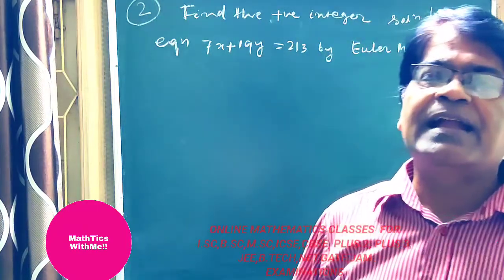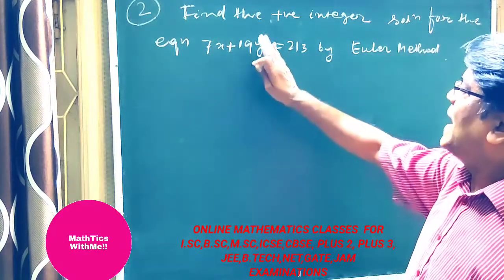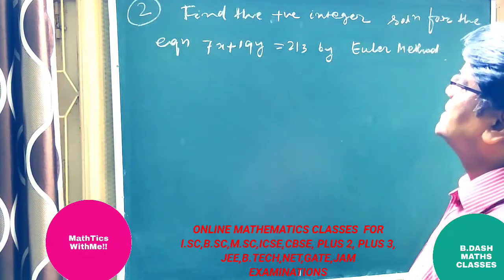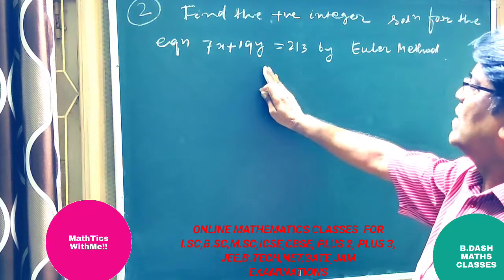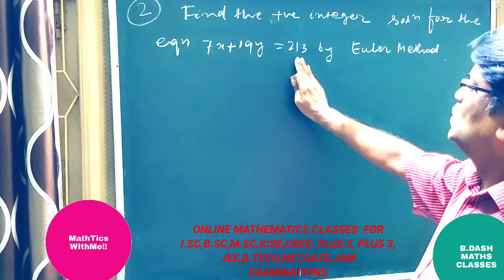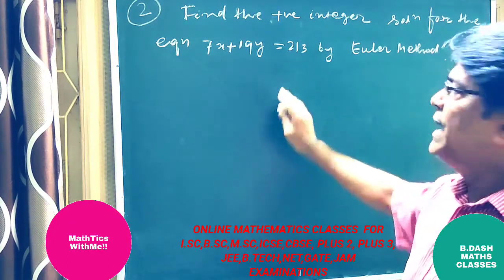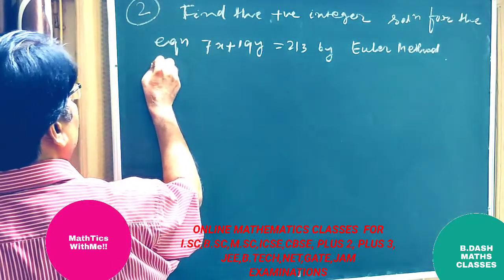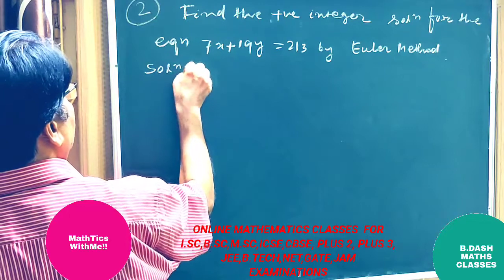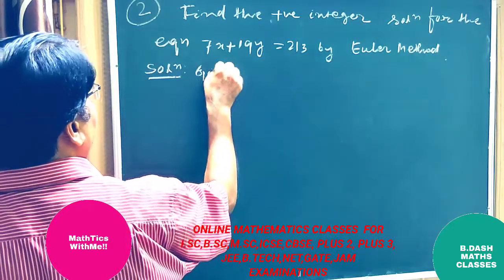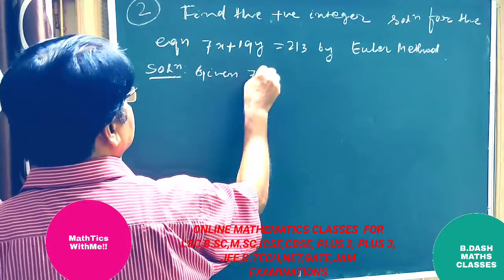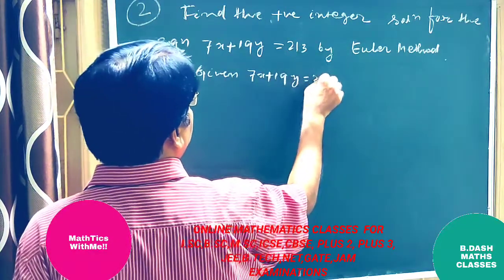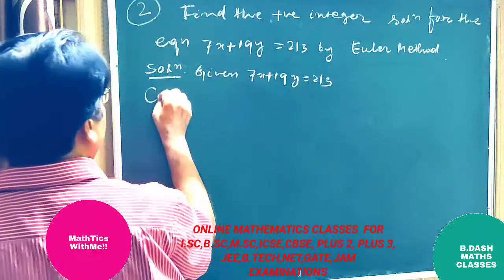Now our second question is find the positive integer solution for the equation 7x plus 19y is equal to 213 by Euler's method. Solution. Given 7x plus 19y is equal to 213.